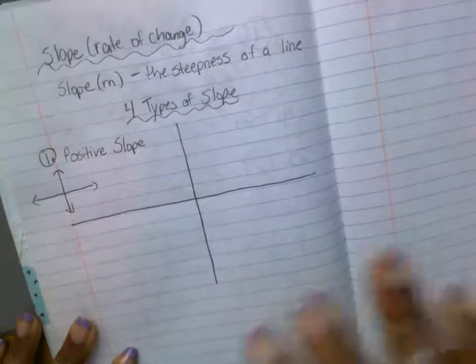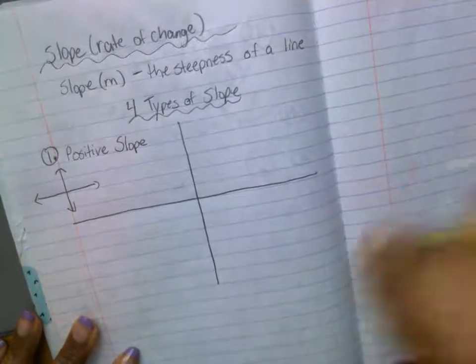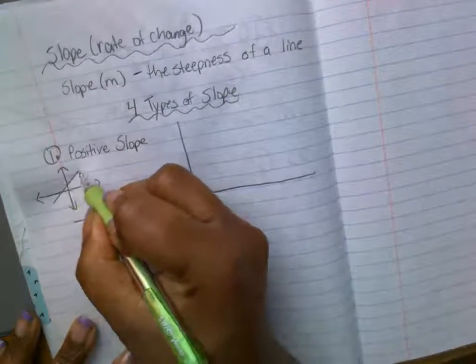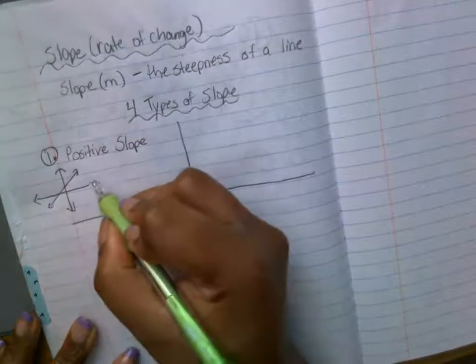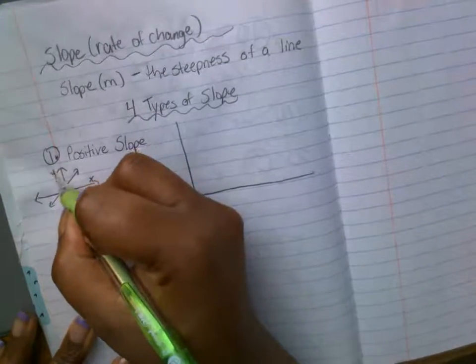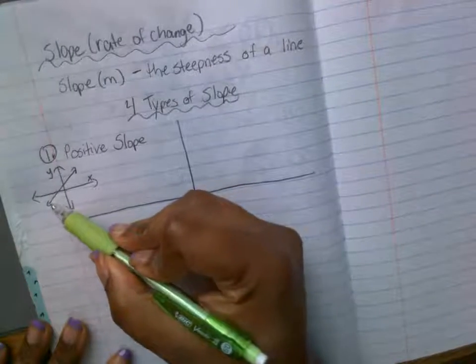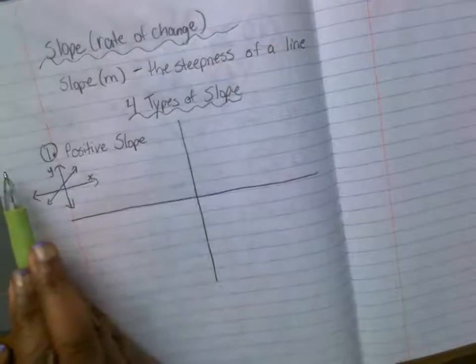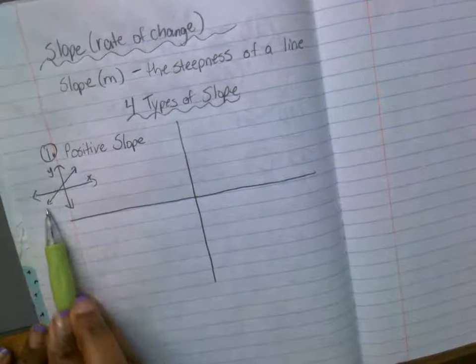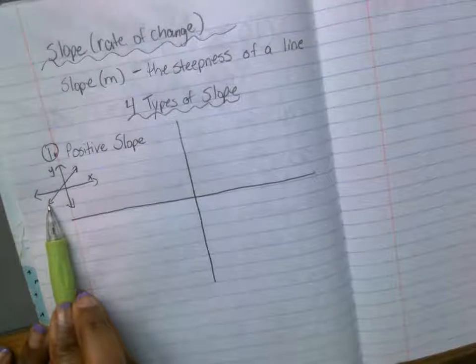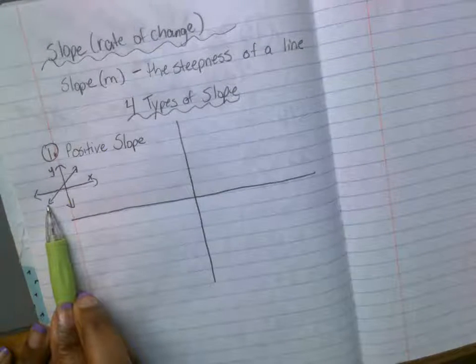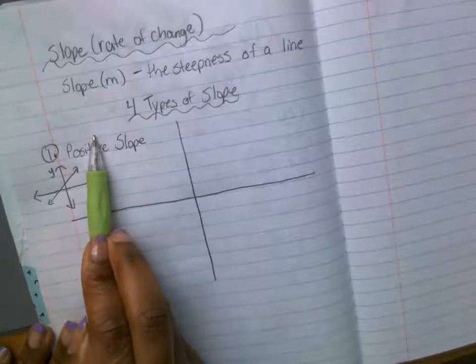I'm going to label this x-axis and y-axis. From left to right, your line starts down here, and as you move towards the right, the line is going up.